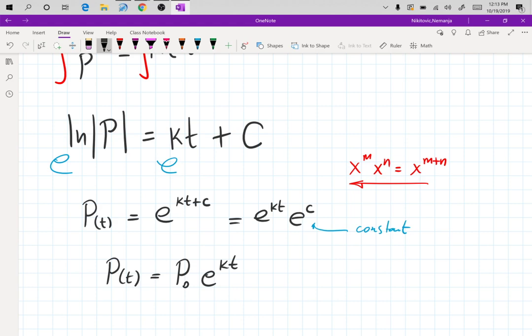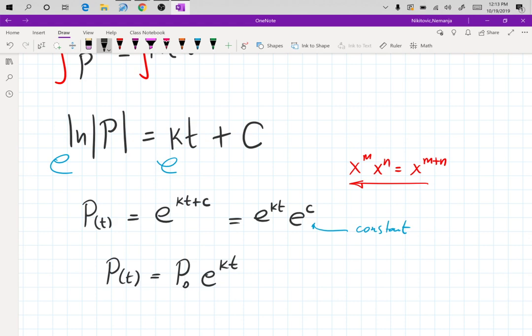So negative k means decreasing population, because you will be multiplying P0 with a number that is less than 1. See, e to the 0 is 1, right? When k is 0, and then you let the time pass, that's another thing that is a factor in this.